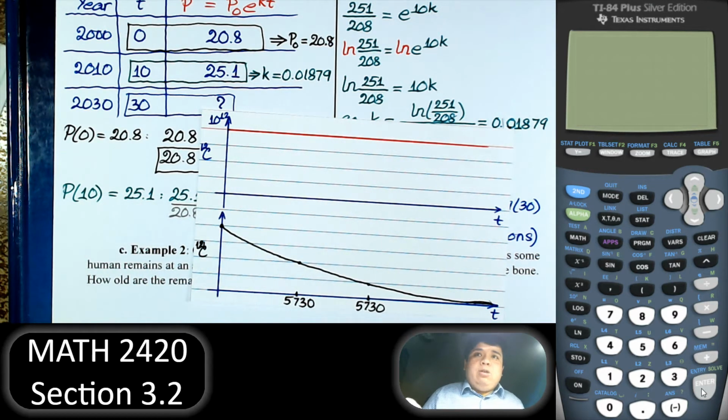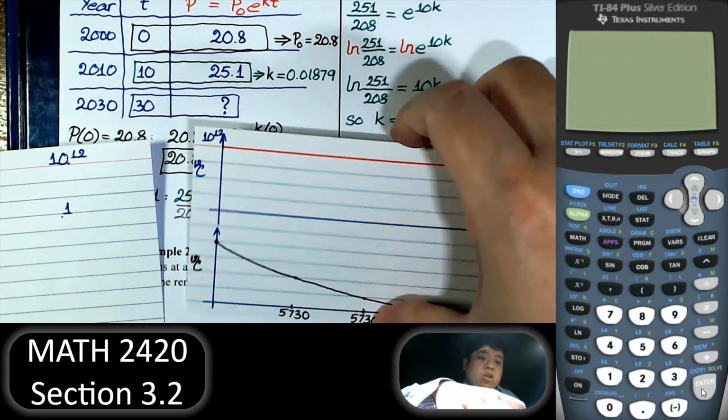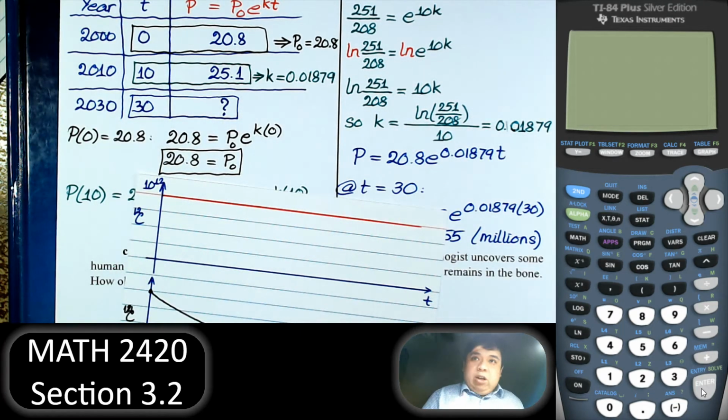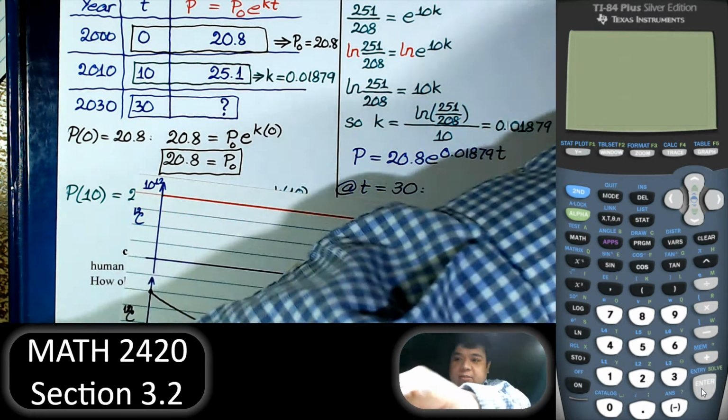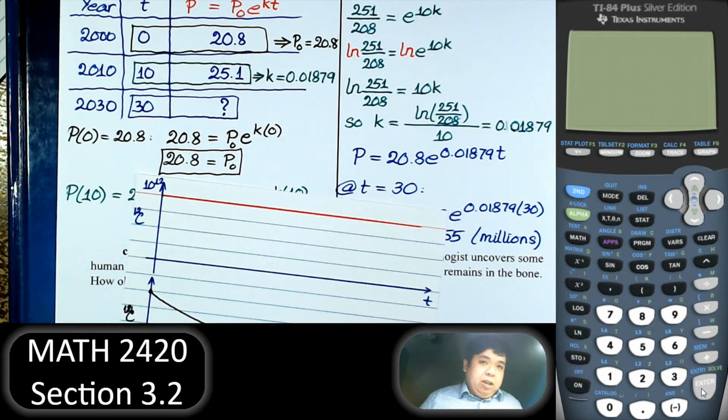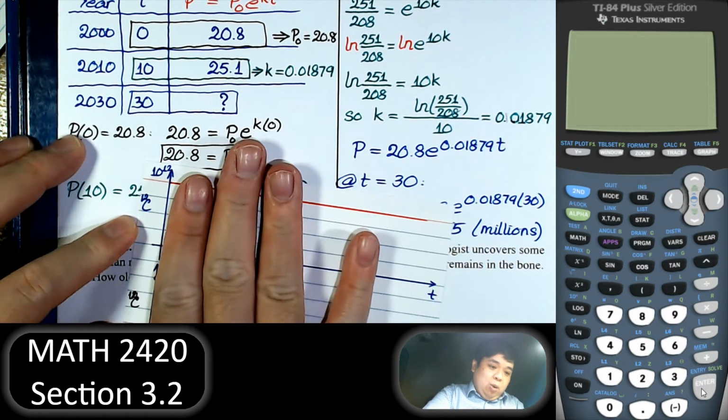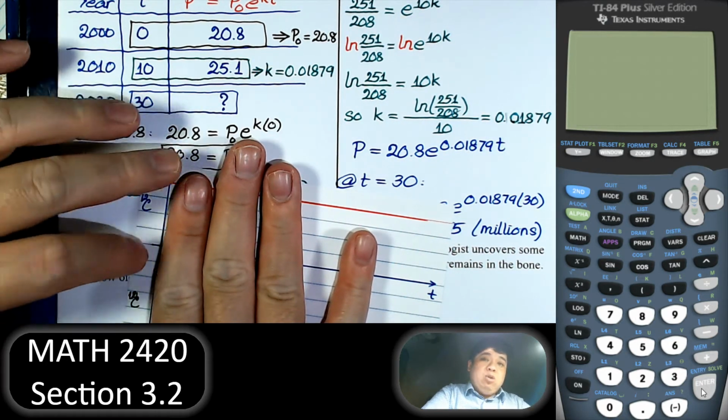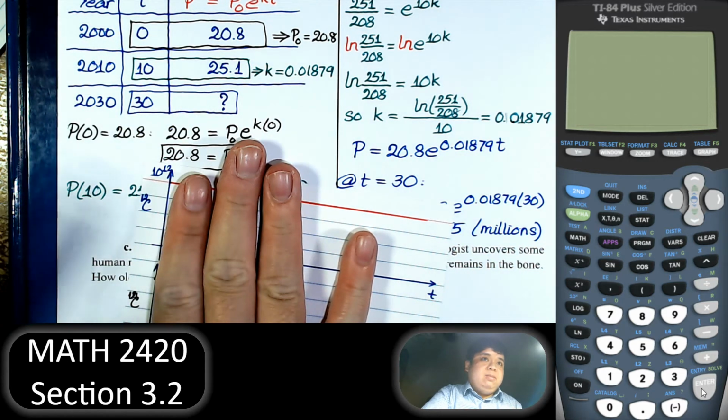Now, finally, why do we use carbon? Because most living things, including us, are made up of carbon, right? When we're still alive, we eat and take in carbon, so at the moment the carbon-14 and carbon-12 are kind of constant.